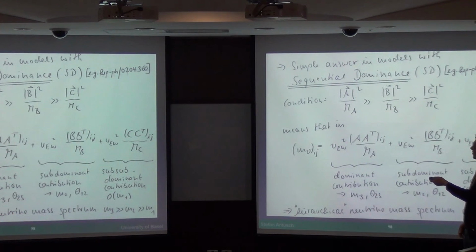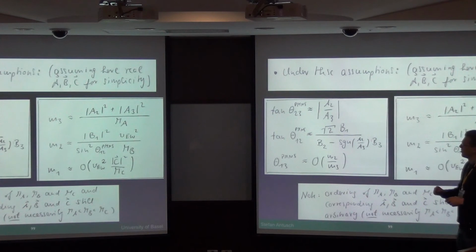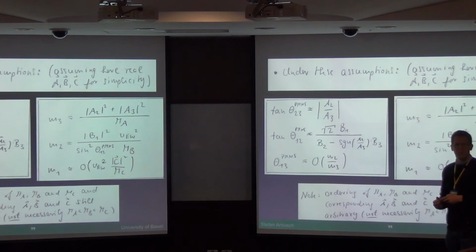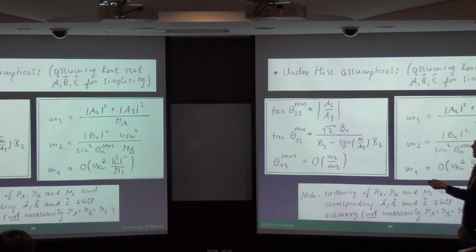So now if this condition here is satisfied, then there are simple formulae where you can connect the mixing angles in the neutrino sector to these elements of this general Yukawa matrix in the basis of diagonal right-handed neutrino masses. So, for instance, the mixing angle θ23 is very simple. The tangent of this angle is just the ratio of the A2 and A3 elements. So it is a very simple formula.